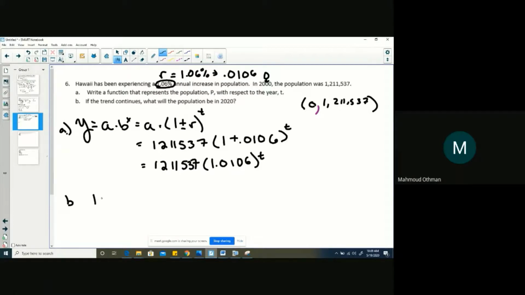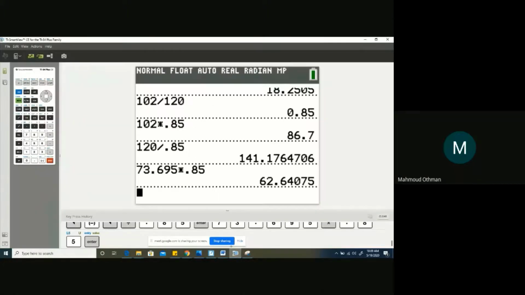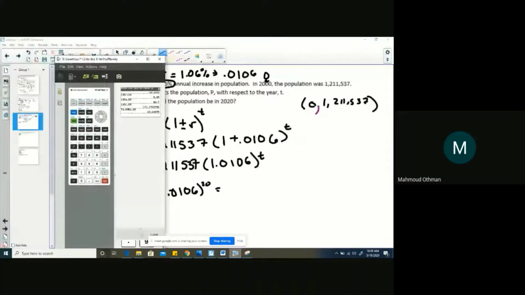So I have my function right here, y equals 1,211,537 times 1.0106 to the 20, because remember, this is what the population is in the year 2000, and they want to know what the population will be 20 years later. So now I take that and I plug it in.